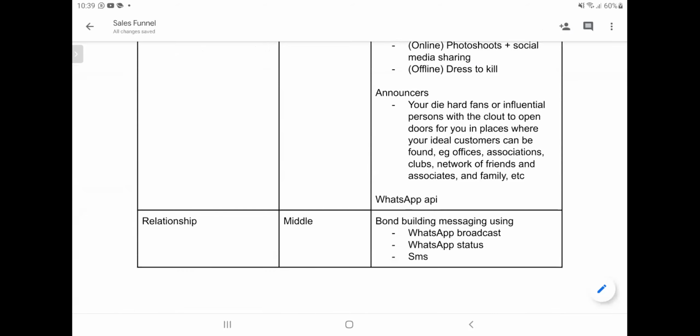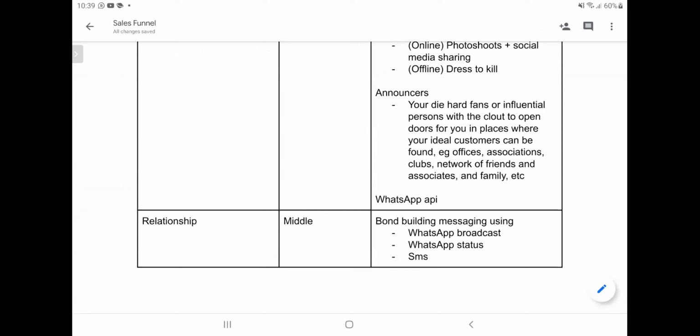And finally, I talked about WhatsApp API, which is more like the short link that you make use of to draw people to your WhatsApp number from social media.